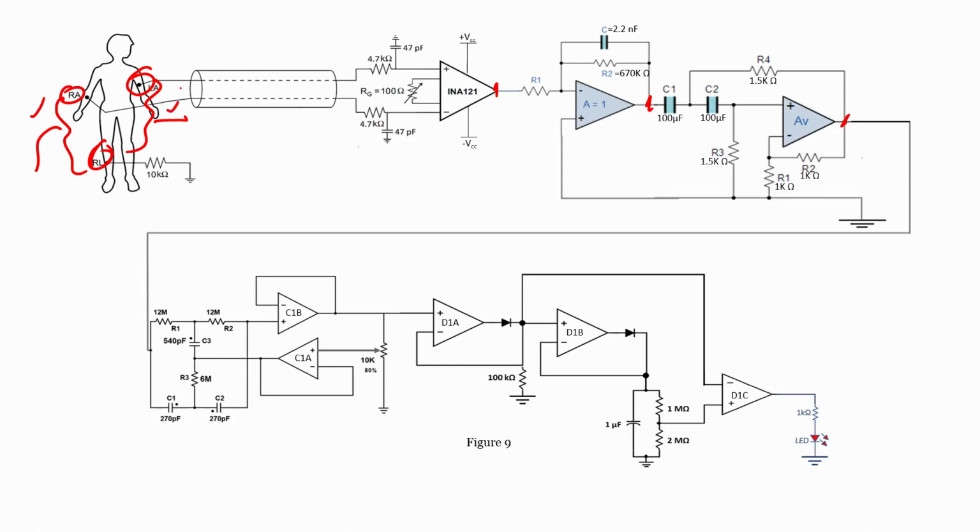That is the reason we require a higher CMRR operational amplifier, and since we have to take the difference between the two voltage sources, we require either a differential amplifier or an instrumentation amplifier.